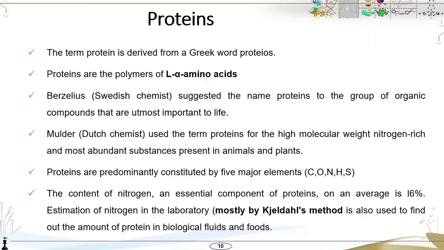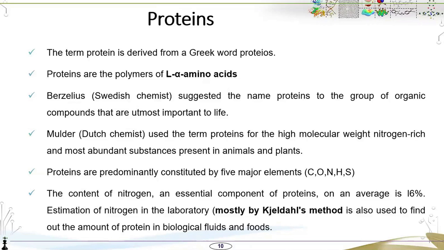Then Mulder told that nitrogen is the richest element in the protein structure. While doing experiments in the laboratory, they identified that 16% nitrogen is involved in the protein structure, found by the Kjeldahl method. So that is the introduction.